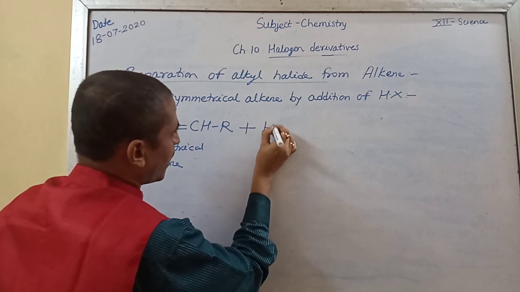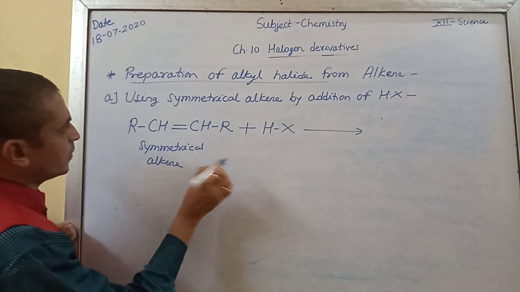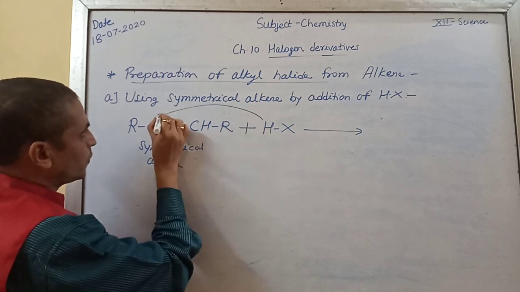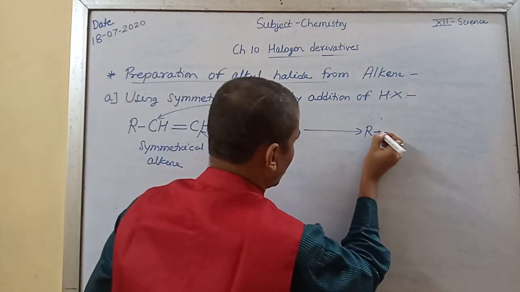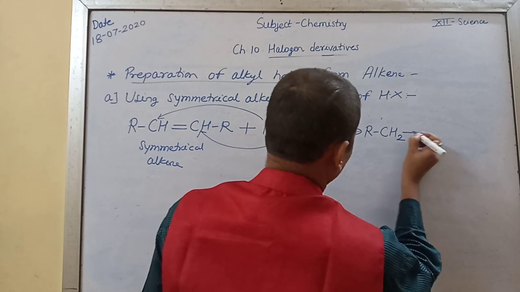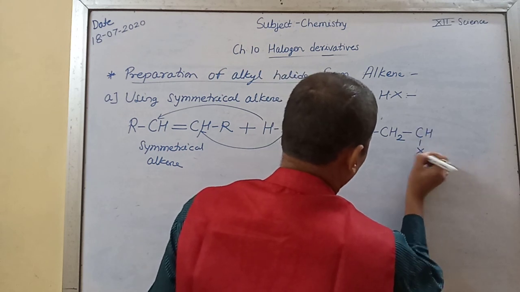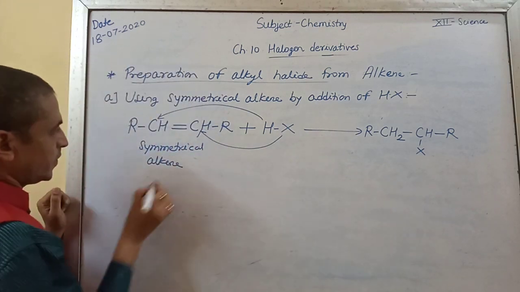Plus hydrogen halide. This is very simple. Put H here. H goes to this carbon atom. We get RCH2CHXR. R may be same or different.